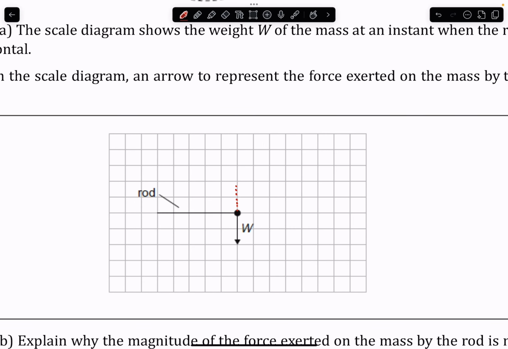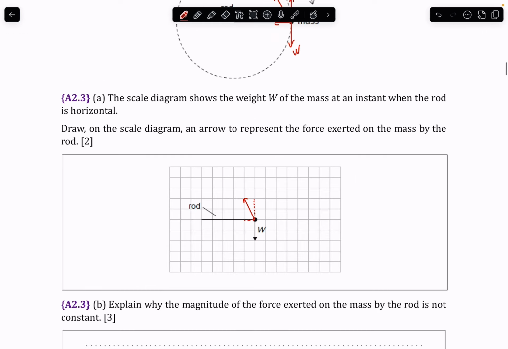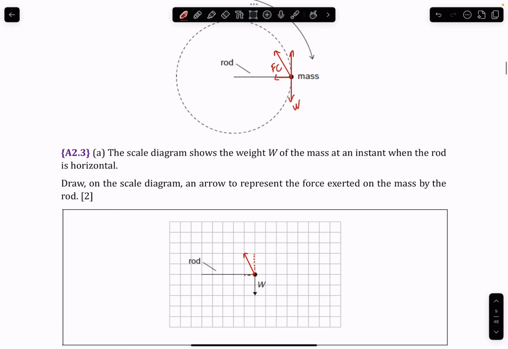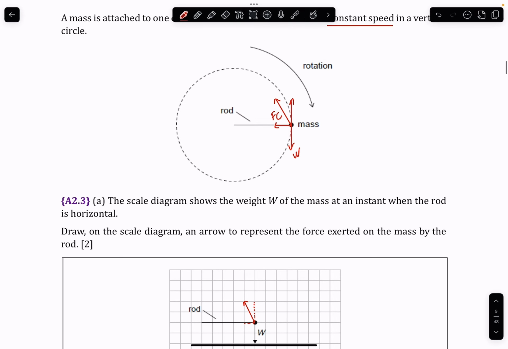As I've said, two squares in the upward direction because it has to balance out the weight. And then whatever you decide to, let's do this. And okay. So our vector here is the force exerted on the mass by the rod. And then, as I've said, the two forces acting on our mass are always the force exerted on the mass by the rod, and then the weight that's the result of the gravitational acceleration on our mass.